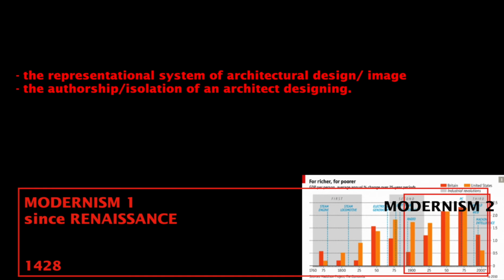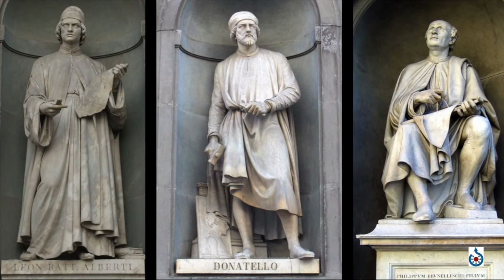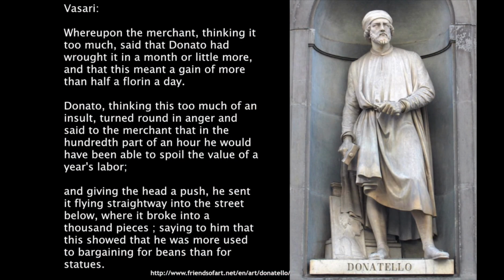And there are a couple of these people who have personally, in a way, produced the intellectual property of authorship. It is Donatello, it is Alberti, and it is Brunelleschi. And this is the famous story. I'm sure some of you have heard of it in the history of art. It is when Donatello was asked to make a sculpture of a merchant, and the merchant came and started to argue that it is too expensive.